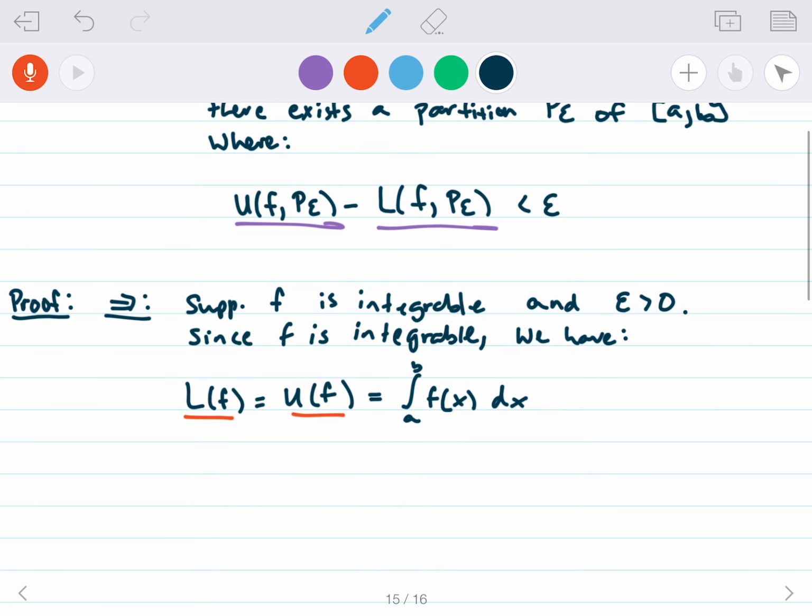Just going to the definition of lower and upper integral, we have that the lower integral is equal to what? That's equal to the infimum. Oh, sorry, not the infimum, the supremum of the lower sums over all partitions.